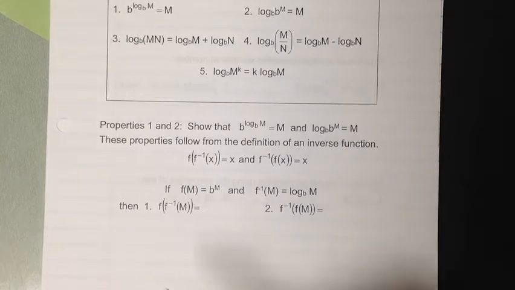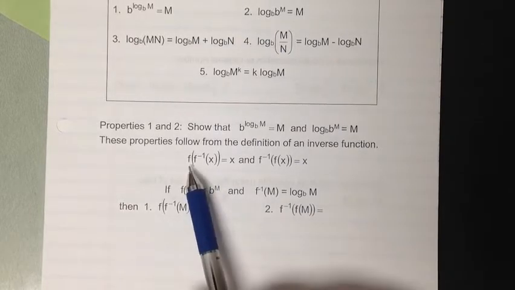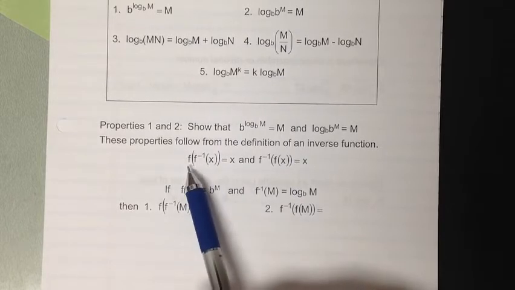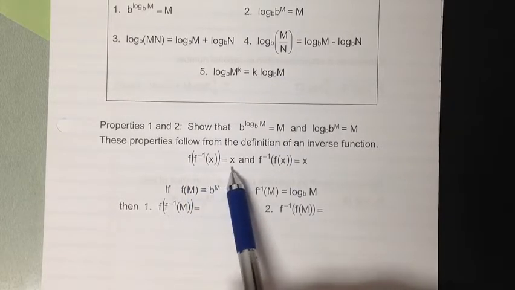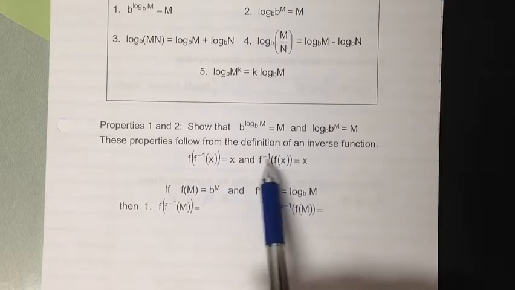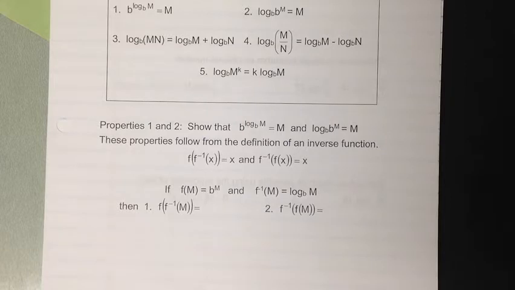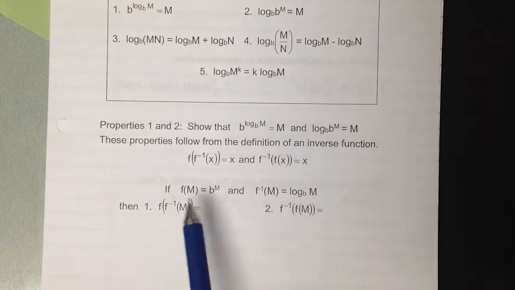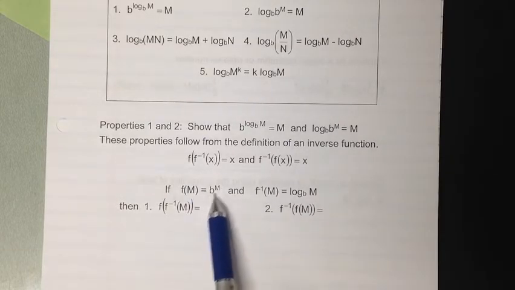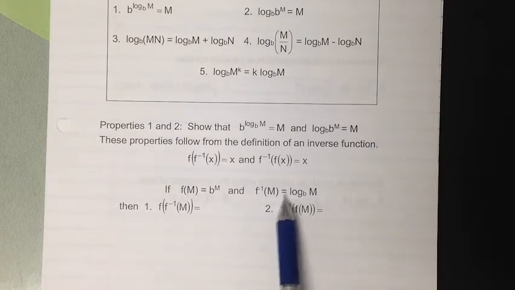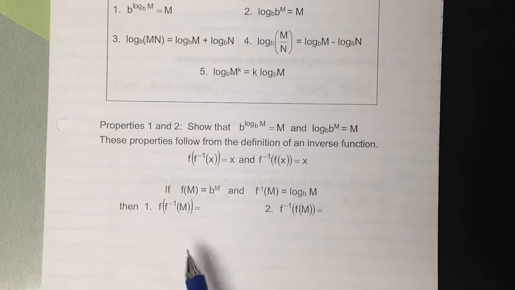Okay, remember that if we do composition of functions with a function and its inverse, we get x. So f of f inverse of x equals x, and f inverse of f of x equals x. Composition of functions here. So, knowing that these are inverses, we're going to say if f of m equals b to the m power, and its inverse, f inverse of m, equals log base b of m, these are inverses of each other.